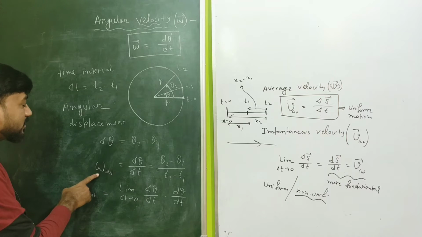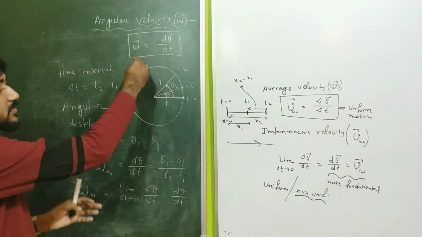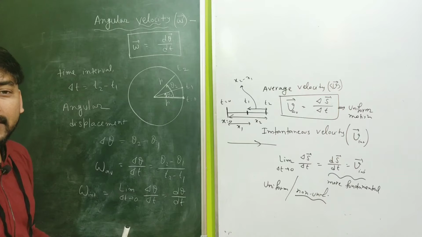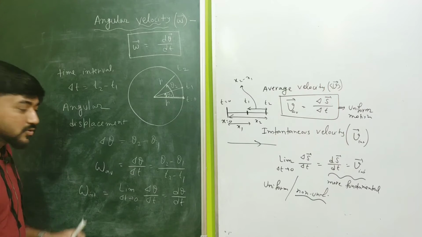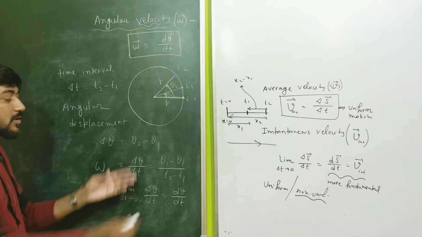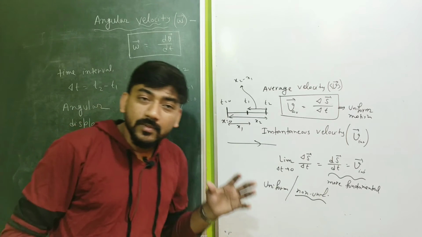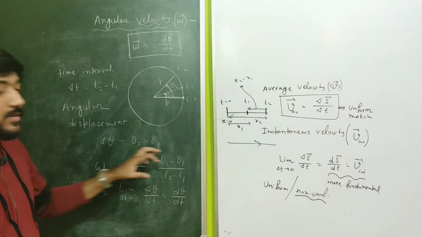But you can measure omega average for large angular displacement also, but that is not a vector quantity. Please keep this in mind. Numerically you can measure this omega av for large theta 2 minus theta 1 also, but if you talk about vector quantity, then this is not a vector.